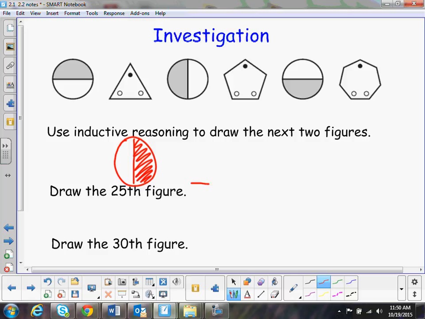Nine-sided figure, so 1, 2, 3, 4, 5, 6, 7, 8, 9. Then you have to have those dots in there, right? Close one there, open, open. So nine-sided figure. What's the 25th going to be?